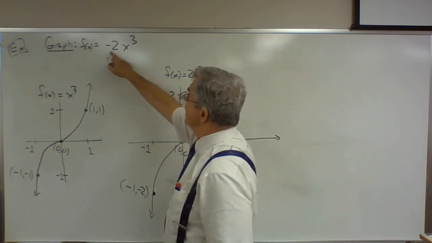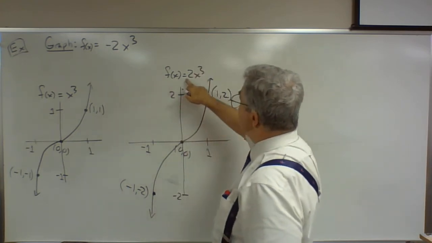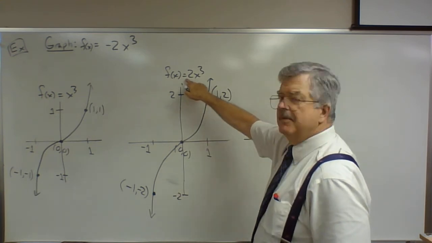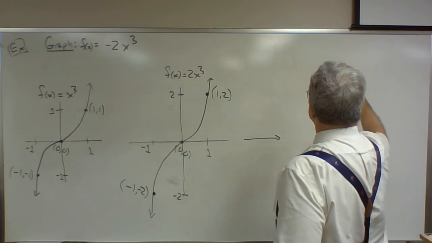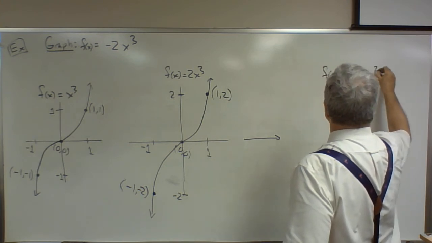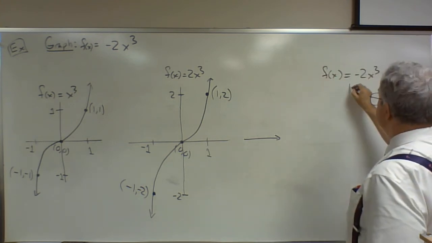To get the graph of this function, we take f of x equals 2x cubed, multiply it by -1. Okay, we're about to arrive in the promised land here.